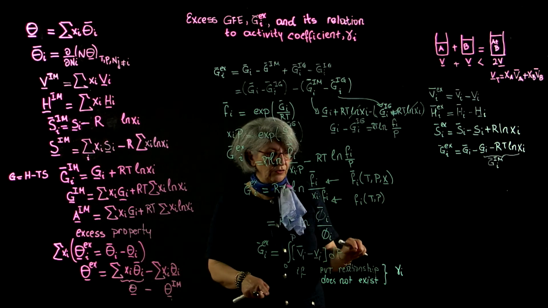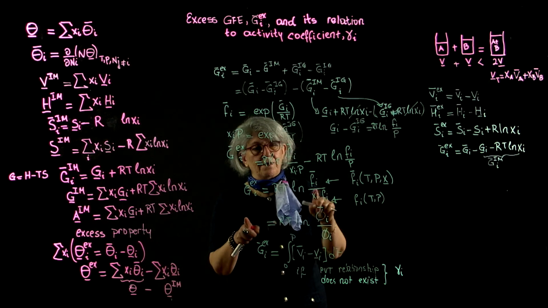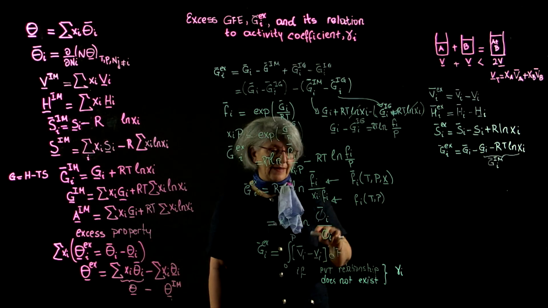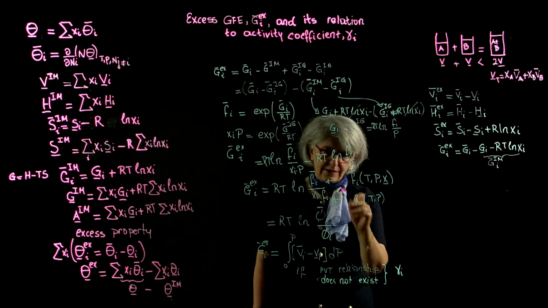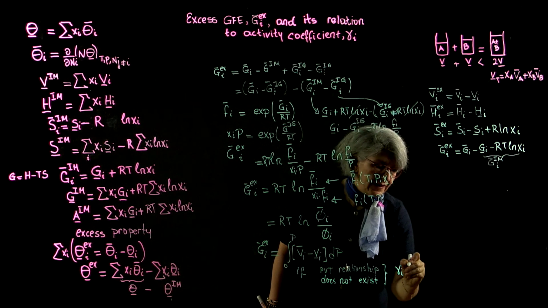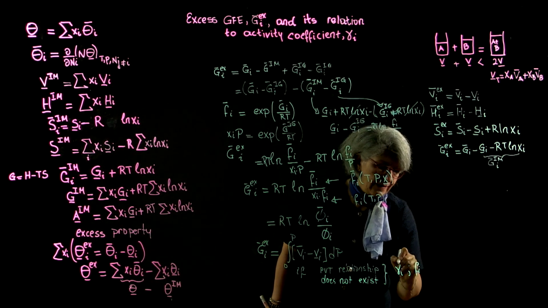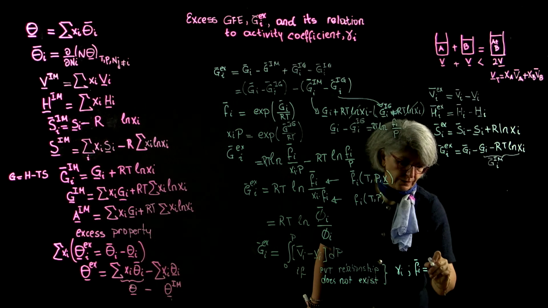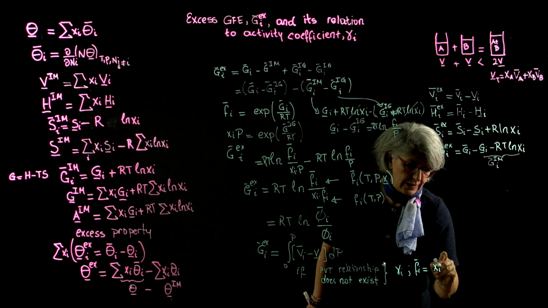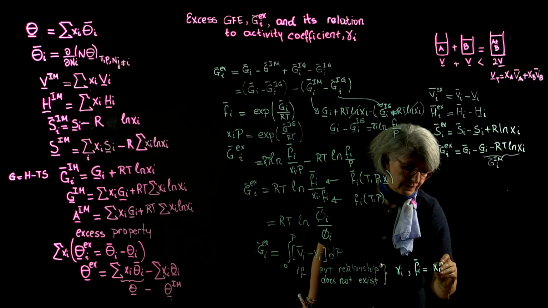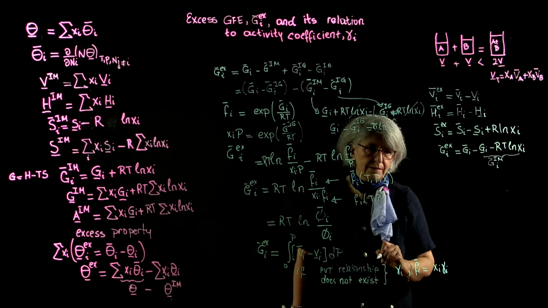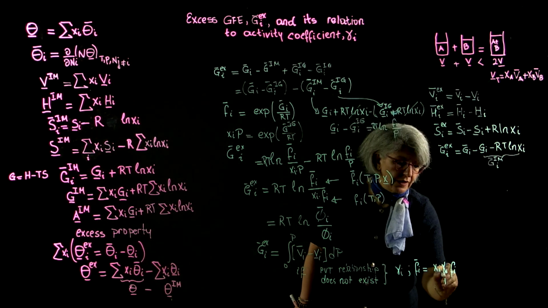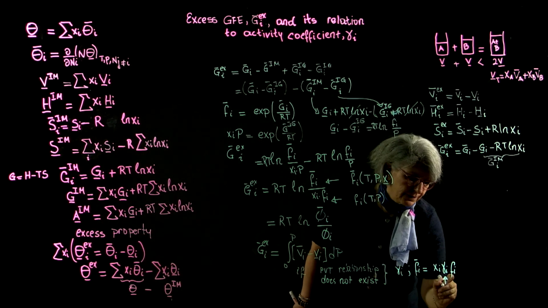So we are going to convert the fugacity relationship Fi into xi gamma i Fi. So this is going to be our correction factor.